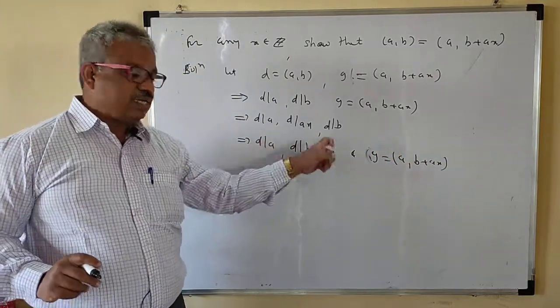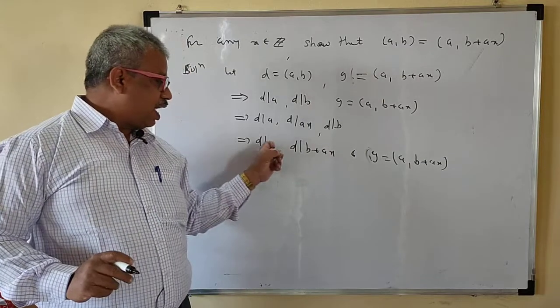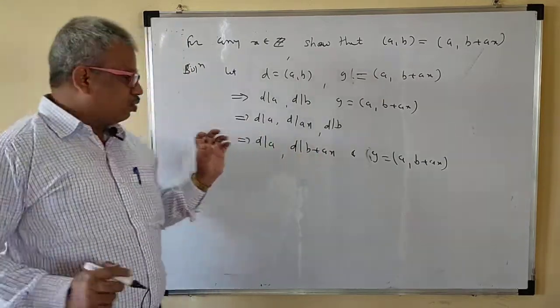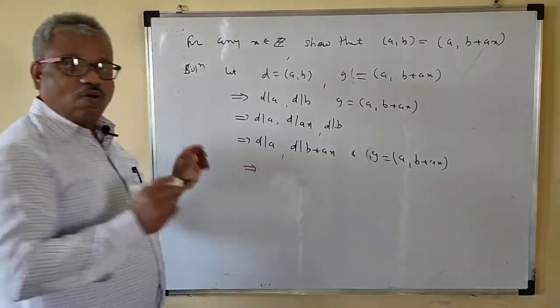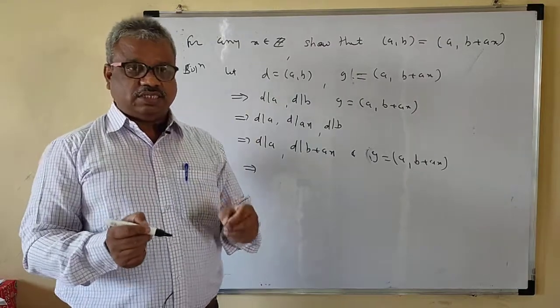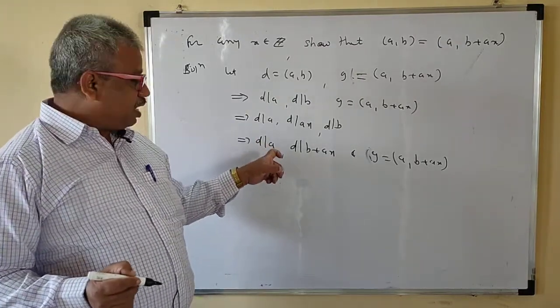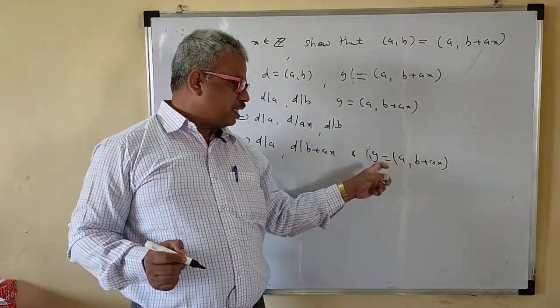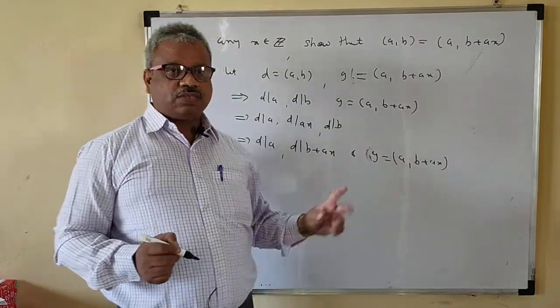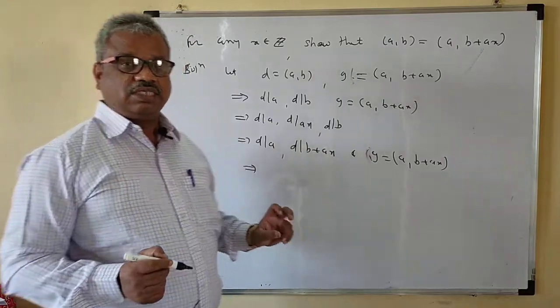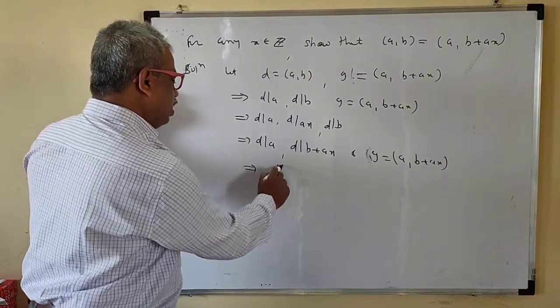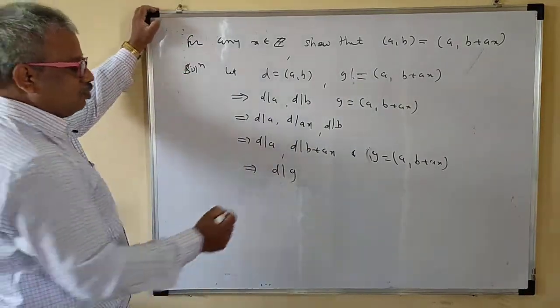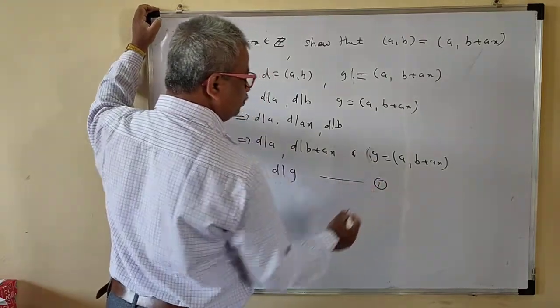And that means d is a common divisor of a and b plus ax. Any common divisor divides its GCD, right? So d divides g. Okay, so I will call this 1 now.